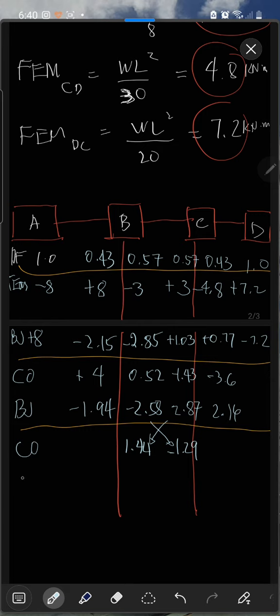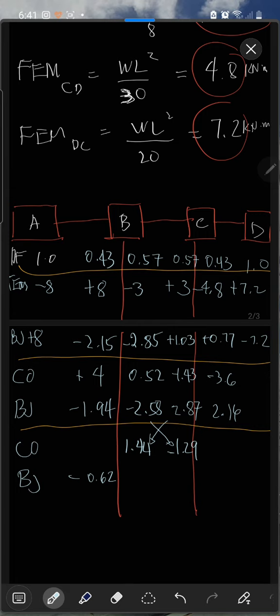Okay, so last, balance the joint. So, i-add nimo, wala na kayo ma-add, no? 1.44 times 0.43. So, 0.62. Change the sign, negative 0.62.